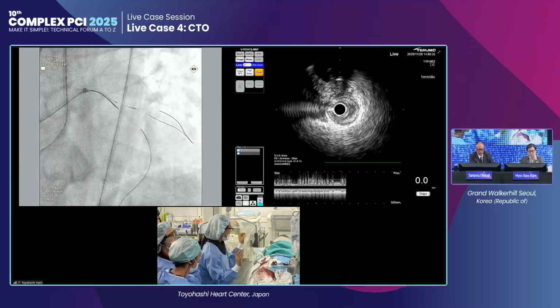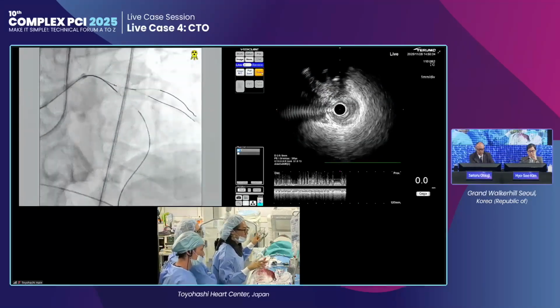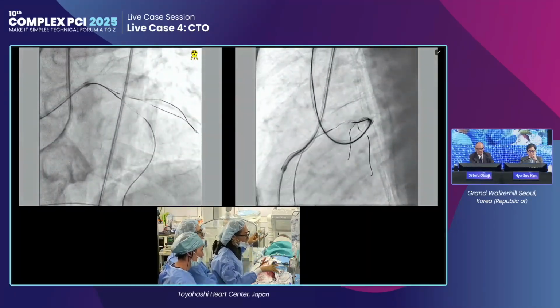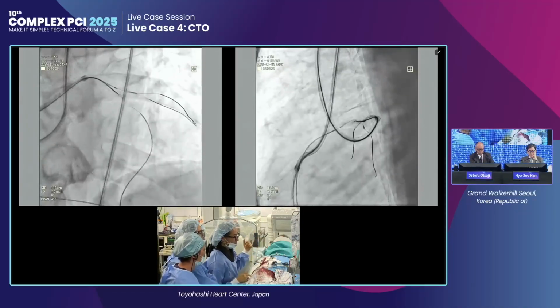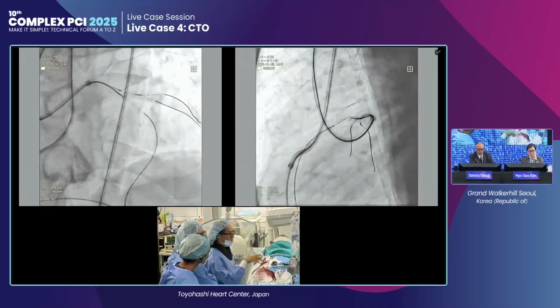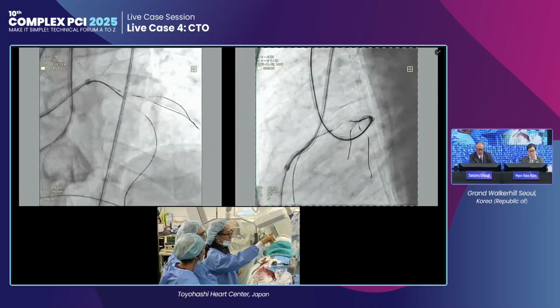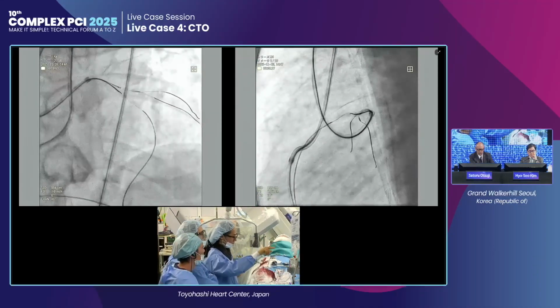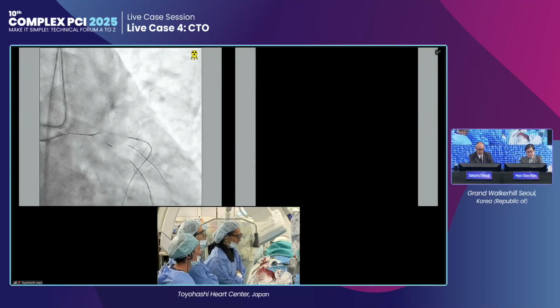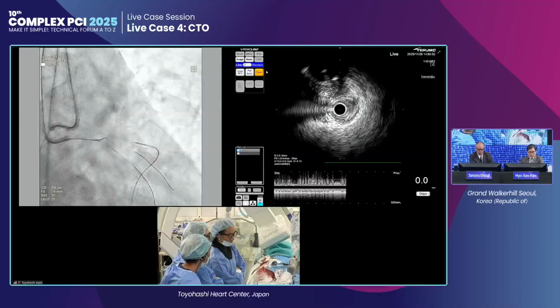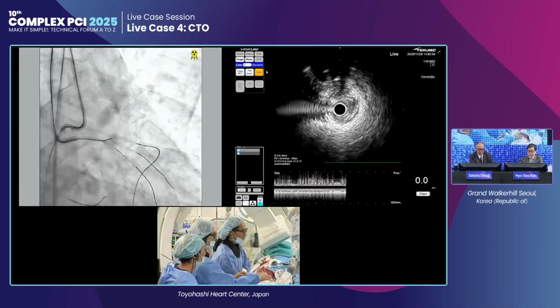So the guide wire should be advanced more to the upper side from the antegrade. First, advance the retro microcatheter more, or snare in the diagonal.